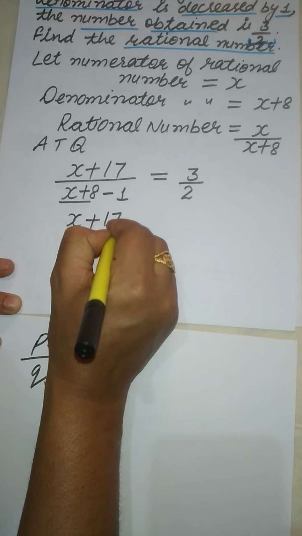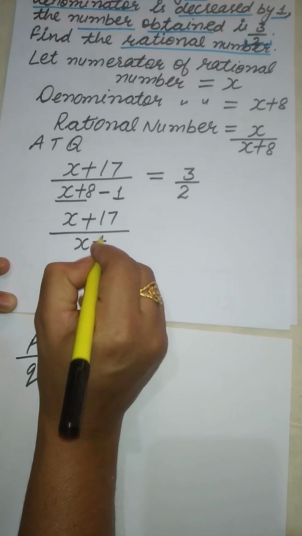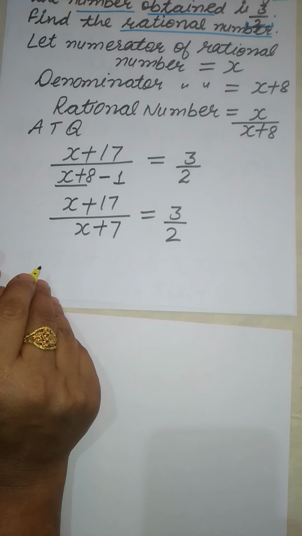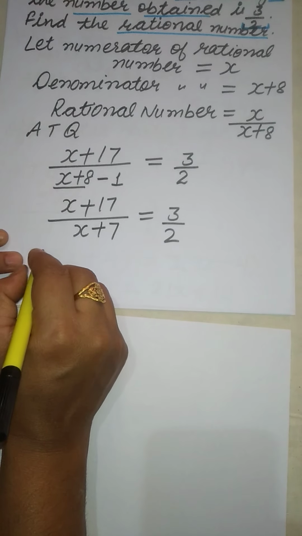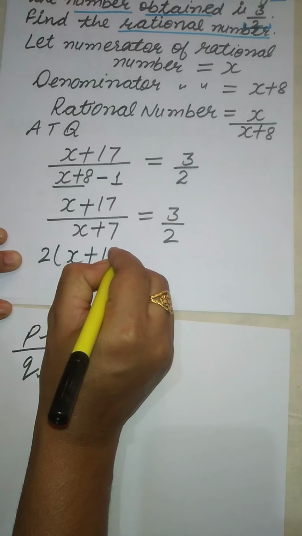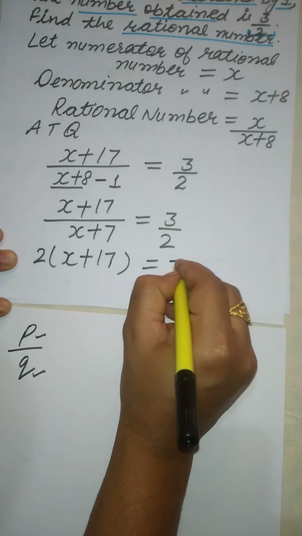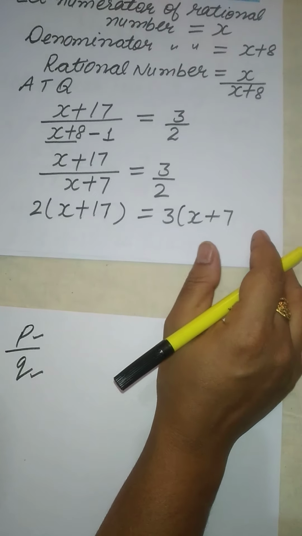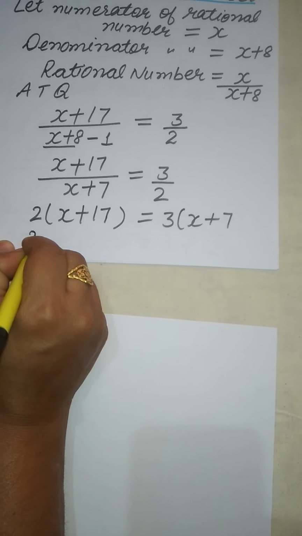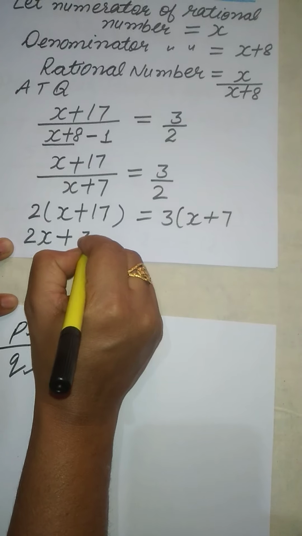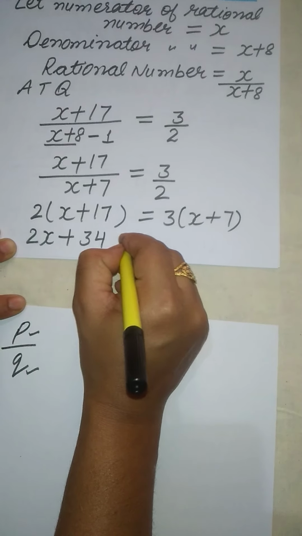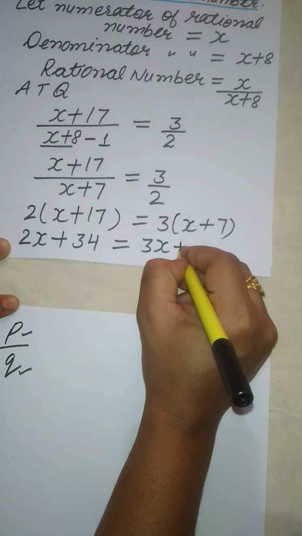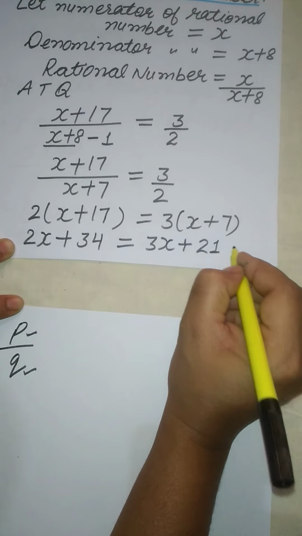This is (x plus 17) upon (x plus 8 minus 1 is x plus 7) is equal to 3 by 2. Cross multiply the terms. 2 into (x plus 17) is equal to 3 into (x plus 7). That is 2x plus 17 2's the 34. 3 multiplied by x is 3x. 3 7's the 21.